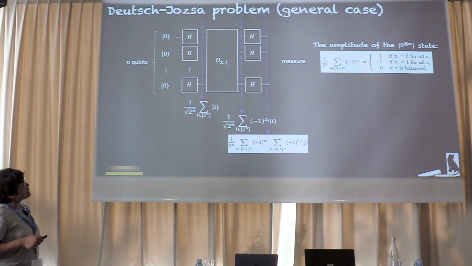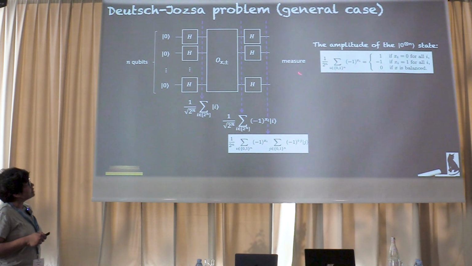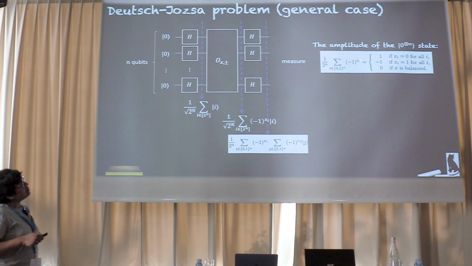Because if x_i was all 0, what does this become? 1. How many such terms do we have? 2 to the n. 2 to the n divided by 2 to the n, that is 1. This is the first case. If x_i was all 1, then this whole thing will become minus 1. How many such minus 1s do I have? 1 by 2 to the n each. So that would become minus 1.